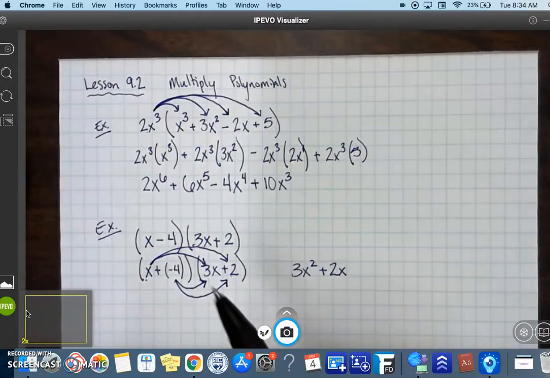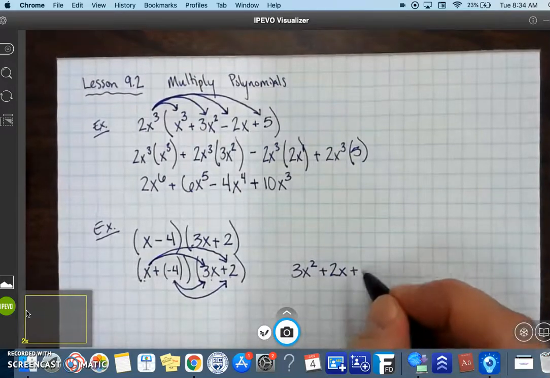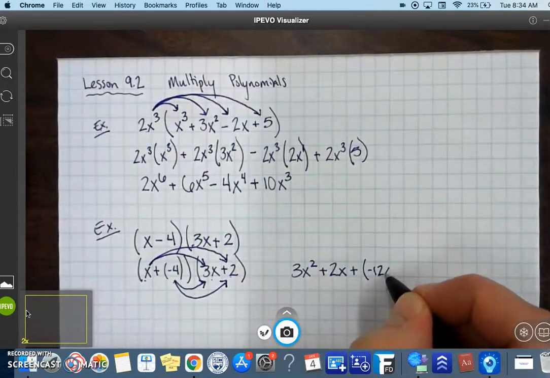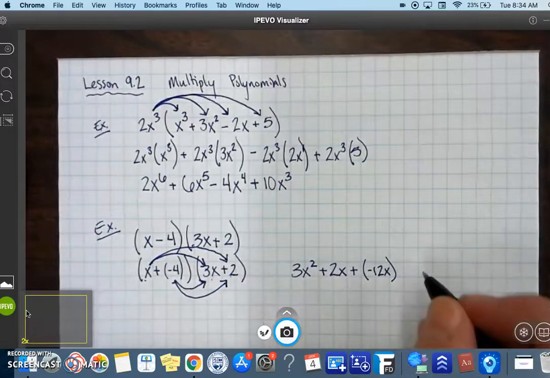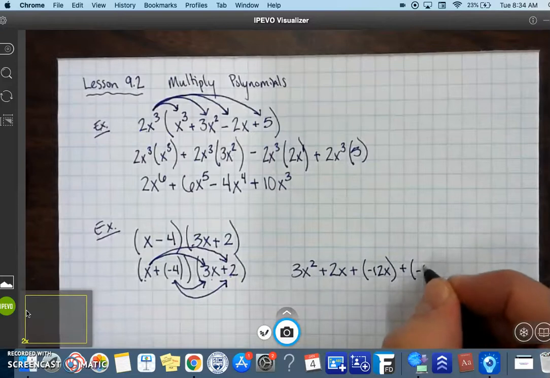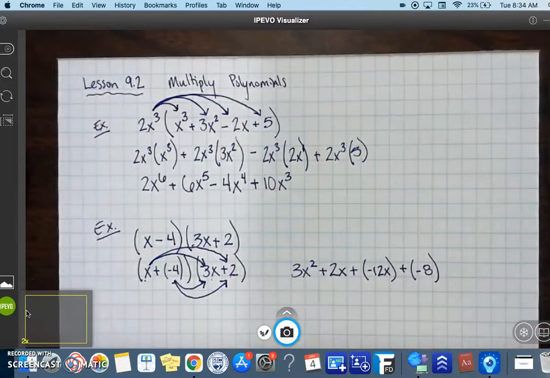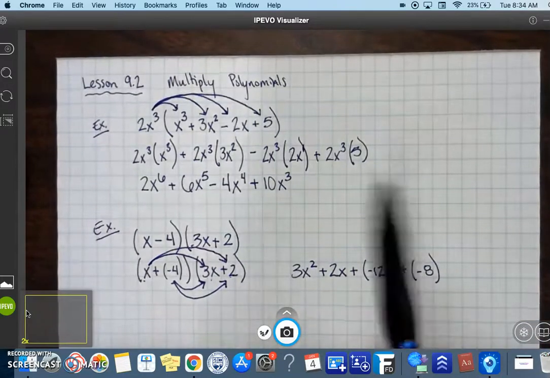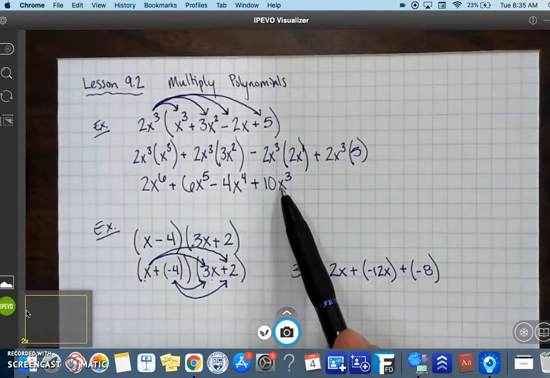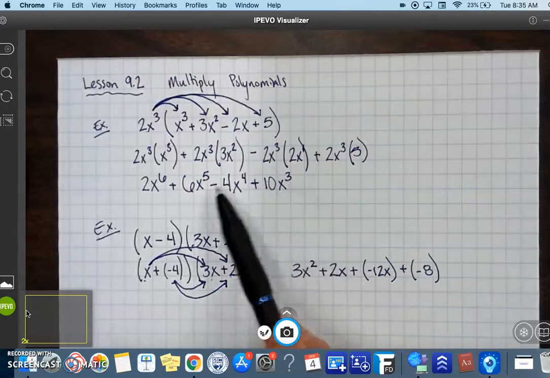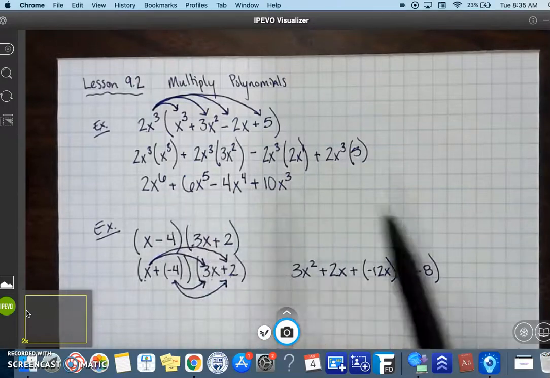Then I'm going to have to take the second term in the first binomial and multiply it to both. So I have negative 4 times 3x. It's going to be a negative 12x. And I have negative 4 times 2. That's negative 8. Now, in the previous example we didn't combine anything because all of those were different terms, right? Power 3, power 4, power 5, power 6, so we can't combine anything.